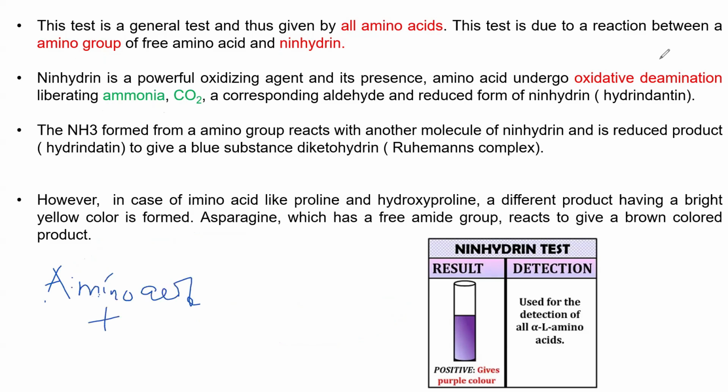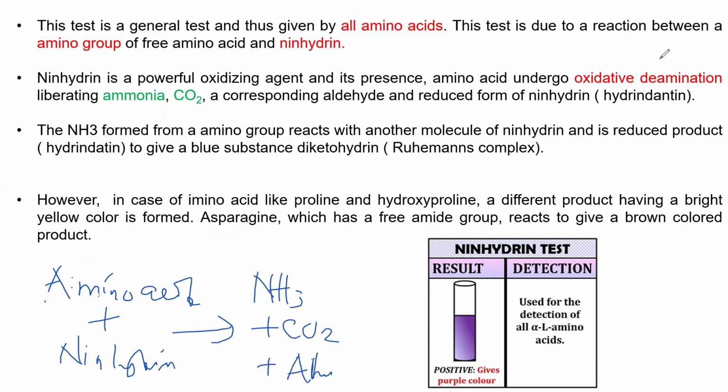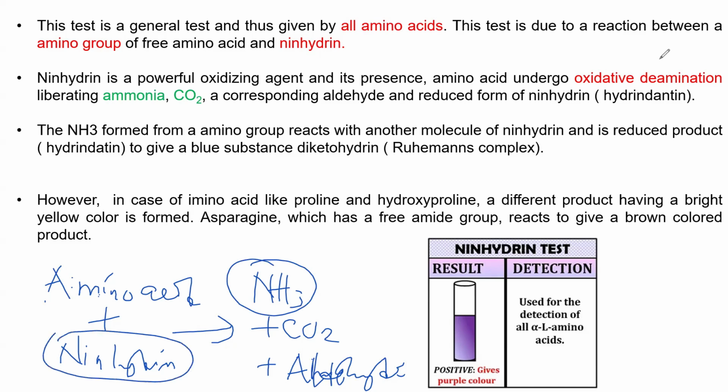So when you have your amino acid plus ninhydrin, then you are going to have ammonia, plus carbon dioxide, plus also aldehydes. This is what happens when you react amino acid with ninhydrin. After we get this, the ninhydrin itself will be reduced to produce what we call hydrindantin.